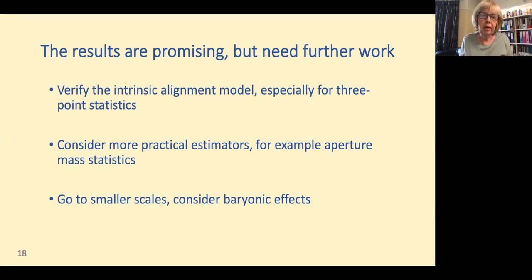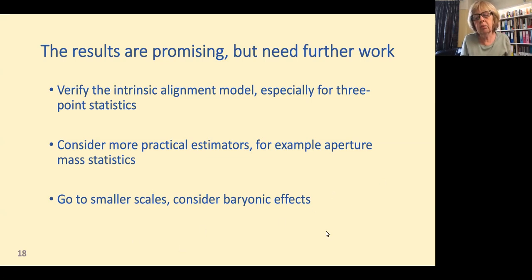If that work confirms the modelling work we've done, then probably more work needs to be done to look at more practical estimators which can use an actual survey. We use the power spectrum and the bispectrum because analytically they are easy to use, but they might not be the best thing to use on an actual survey.